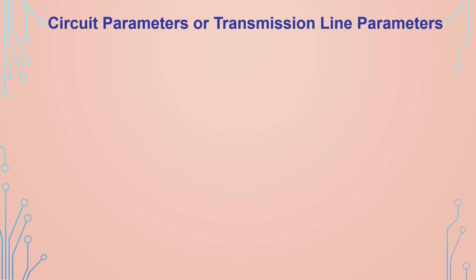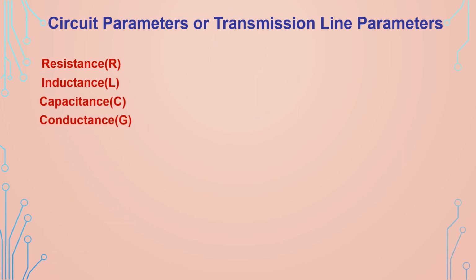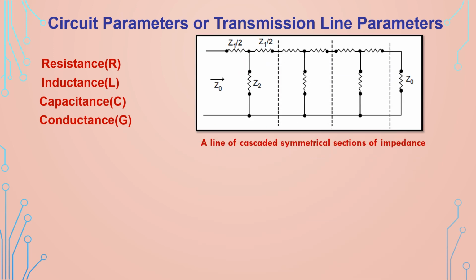The transmission line is considered to be made up of 4 parameters: a resistance R, an inductance L, a capacitance C, and a conductance G. When I have a pair of wires carrying current, each wire will offer some amount of resistance to the current. The energy is being transmitted from one end to another in terms of inductance.